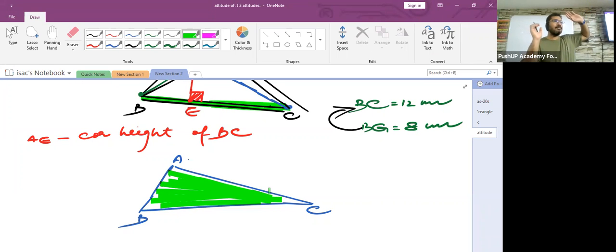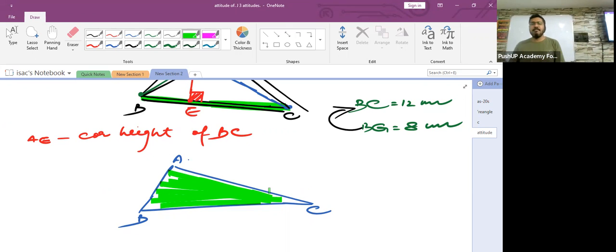Will the area of that Kaju Barfi change? No. Isn't it? From whichever side or corresponding height you take, the area of that Kaju Barfi is not going to change. Unless somebody comes and snatches it away by breaking it into two parts, the area will get divided. Otherwise, the area will remain the same.